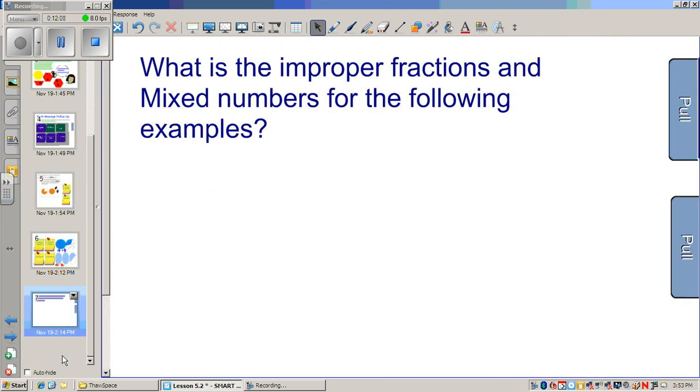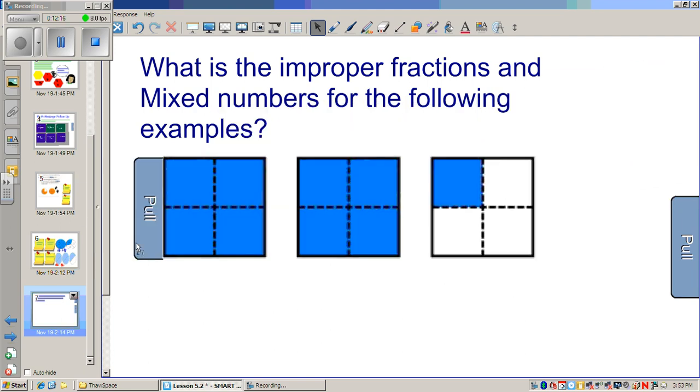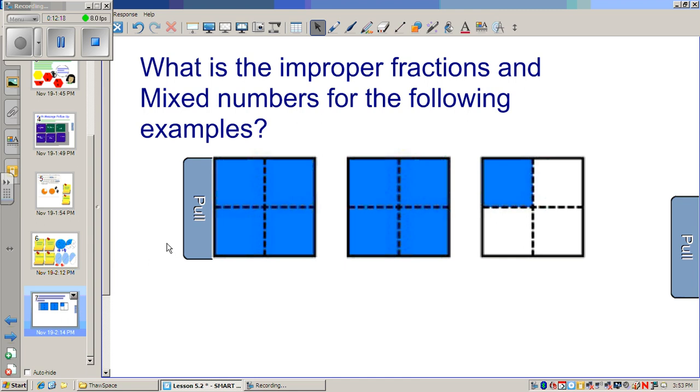Okay, finally, what are the improper fraction and mixed number for the following examples? I want you to write these down. First, we're going to do our improper fraction. Hopefully you know we are dealing with how many pieces? We're dealing with 4. So your number for your improper fraction needs to be out of 4. How many pieces are shaded out of 4?